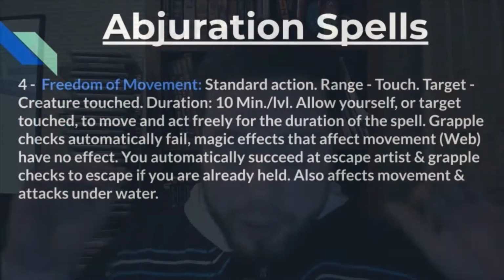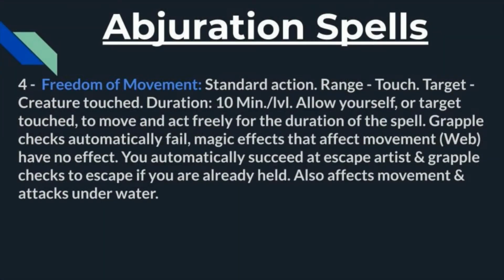At 4th level, we have Freedom of Movement, an incredible thing to get. It's a standard action, range is touch, target is creature touched, and it's another great duration, 10 minutes per level. You allow yourself or the target touched to move and act freely for the duration of the spell. Grapple checks will automatically fail. Magic effects that affect movement, such as the web spell, will have no effect on you. And so Tangling Roots and Evard's Black Tentacles, which grapple you, this negates that.